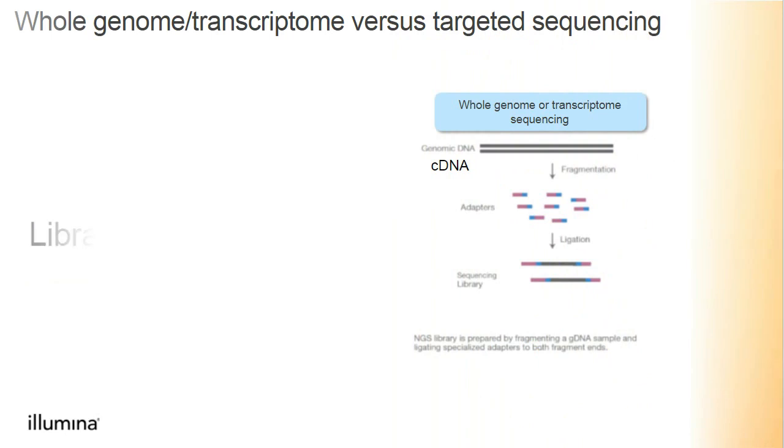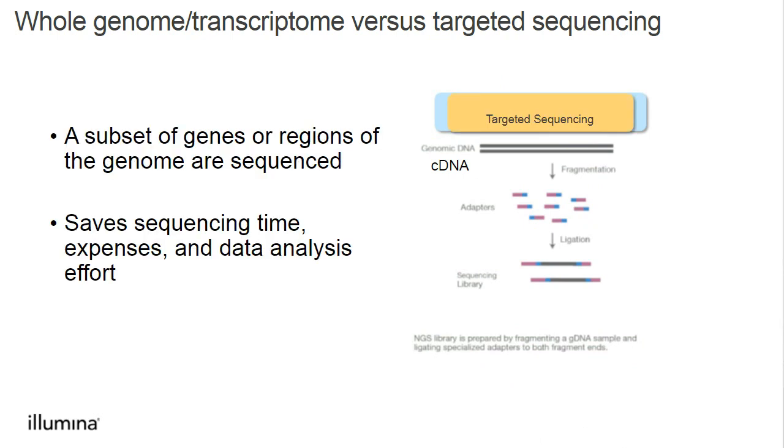So I wanted to briefly discuss the different sequencing methods. We have whole genome or whole transcriptome sequencing, and that's where we take everything in a sample, randomly fragment it, and add our adapters to create our library. But we also have targeted sequencing.